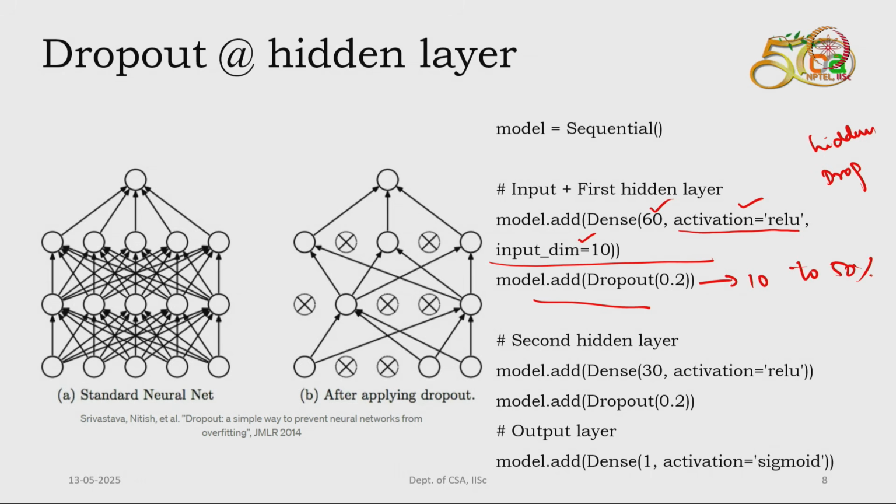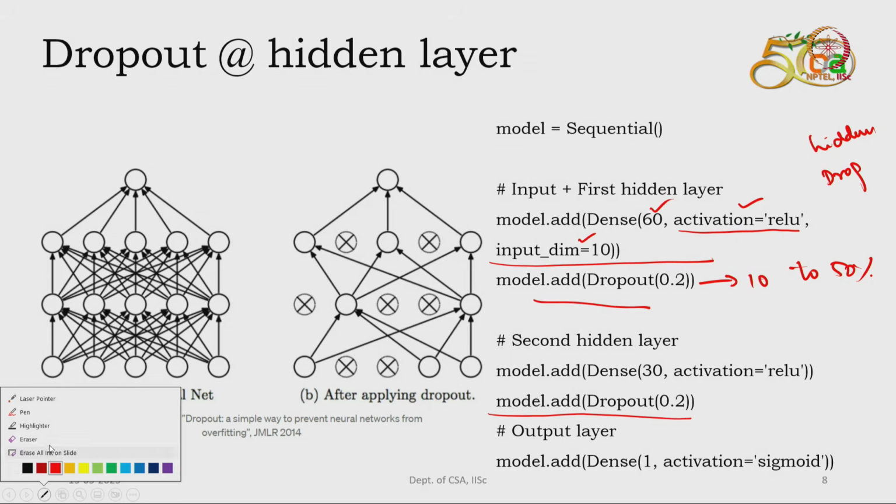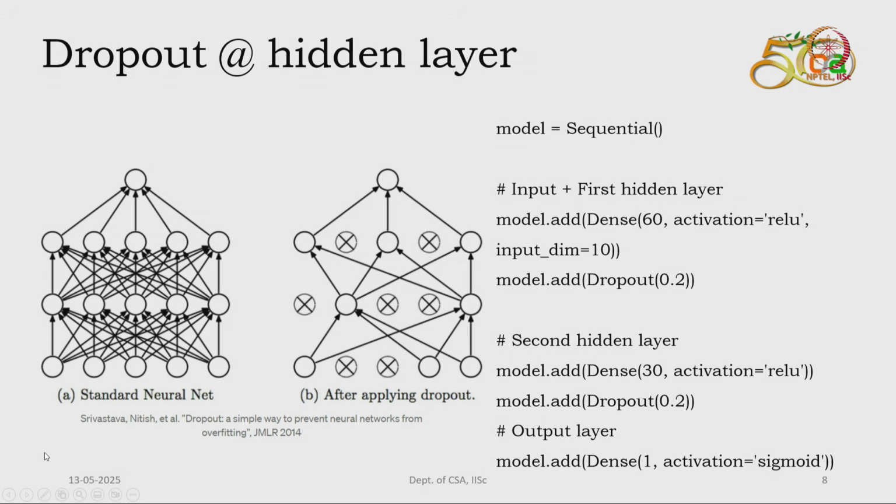And at a second hidden layer, or any other hidden layers, we can add a dropout. Once again, it is not compulsory that every layer should have a dropout. This is a hyperparameter. You can keep experimenting by adding the dropout, and you can leave it out and then see how the performance varies.